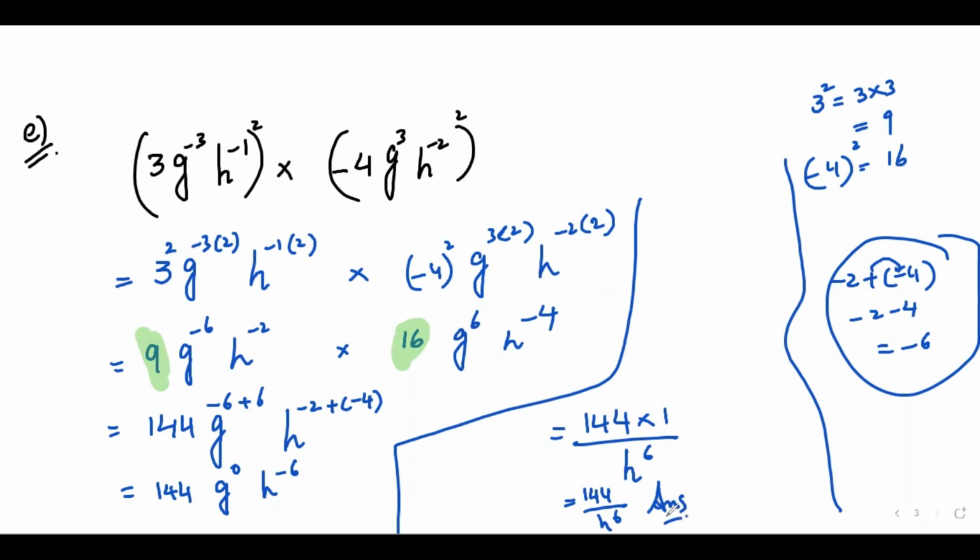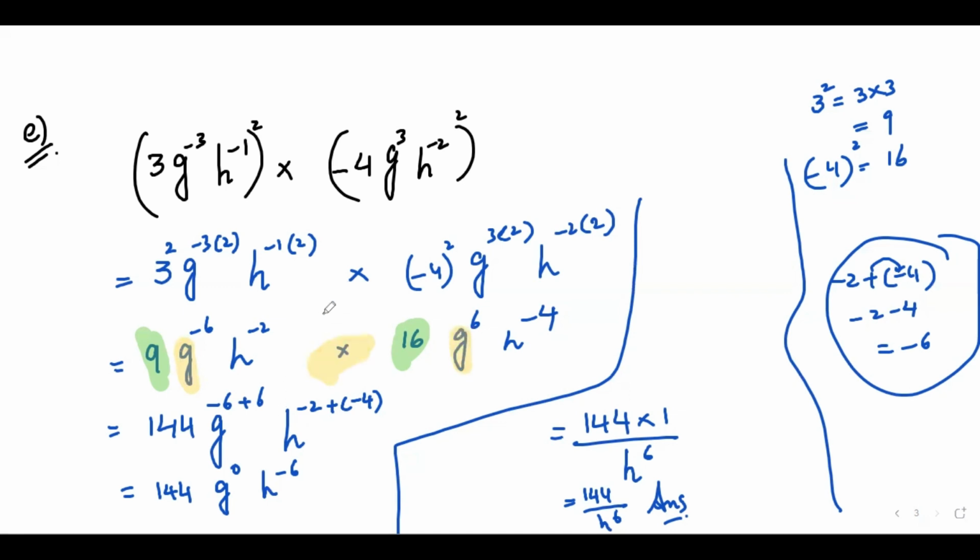Any doubt in the question? Yes? Miss, why would it be g raised to power 0? Because minus 6 plus 6. You have to add the powers. Why did we add the powers? We added the powers because the base is the same. The base is g, the base is g, and in between a multiplication sign is there.